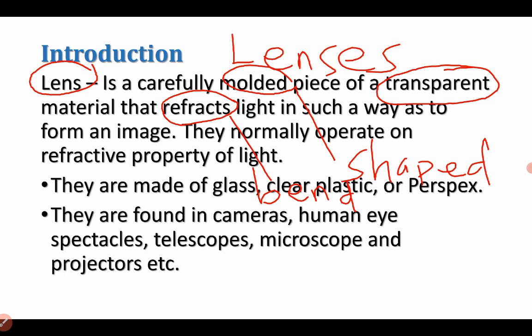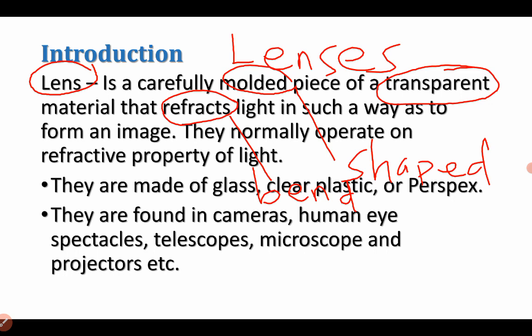So lenses are very useful devices, so to speak. A camera is not of much use without a lens. So is an eye. An eye cannot function without a lens. The telescopes are basically an assembly of lenses.